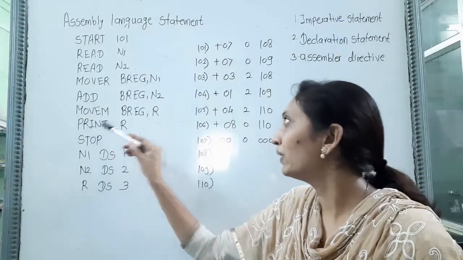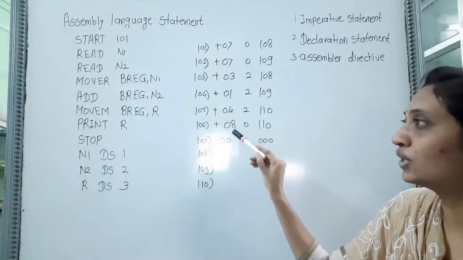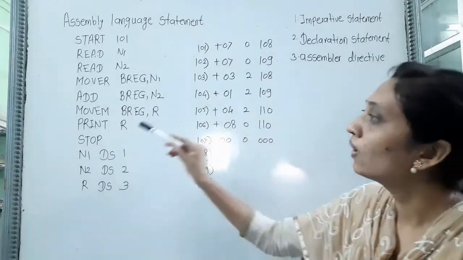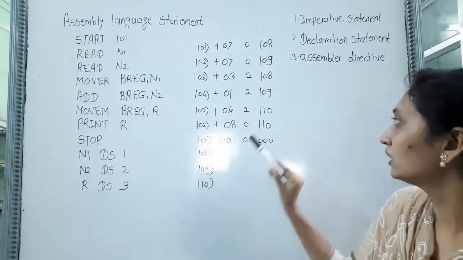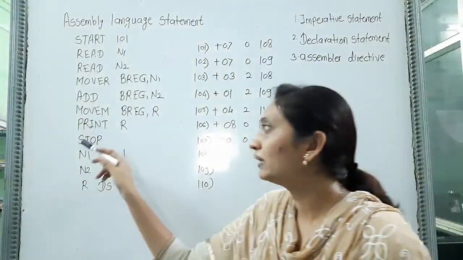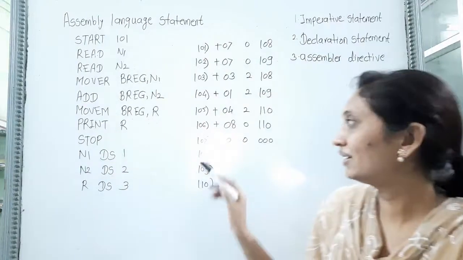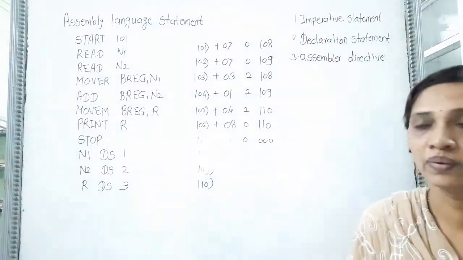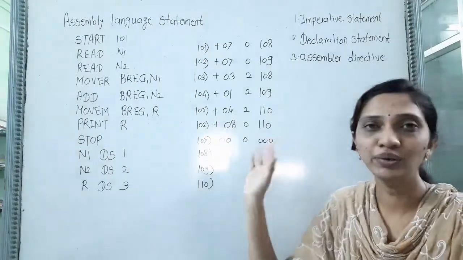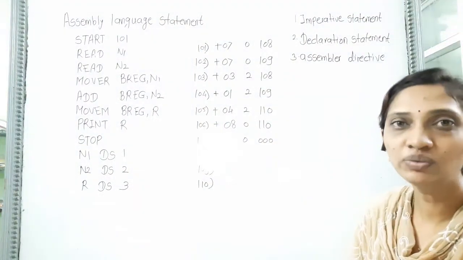Same here for PRINT, the mnemonic opcode is 08. No register is present there, so give the value 0. And R is stored at location 110. So give 110. And after that STOP is represented by the value 0. In this way we convert the assembly program into a machine language program.